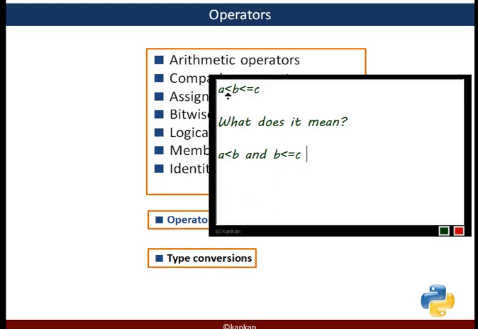A less than B and B less than C. That will be checked next. So it is about a very small brain drain.